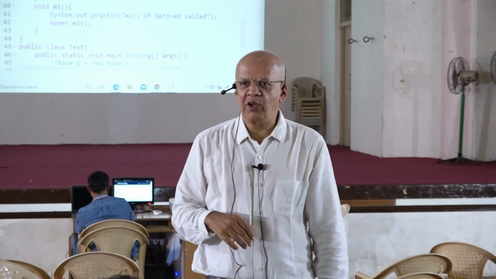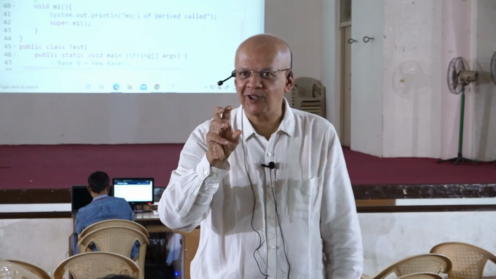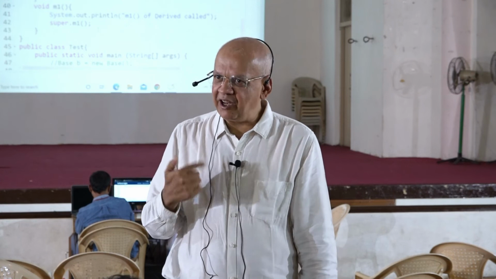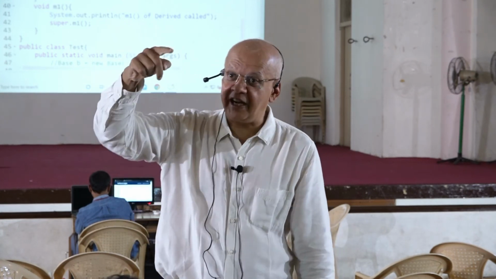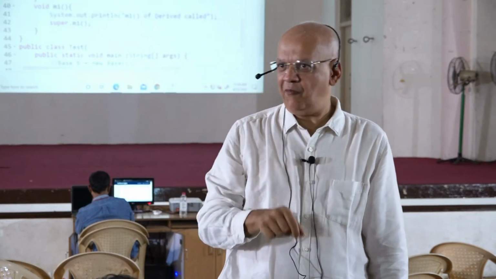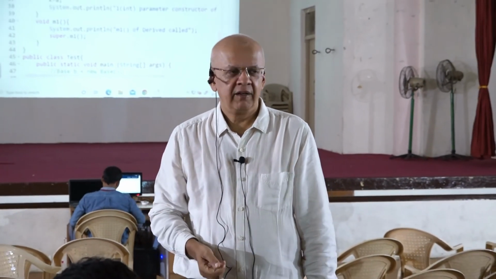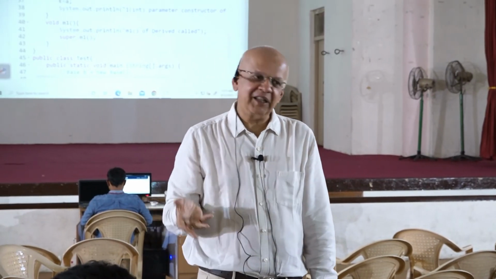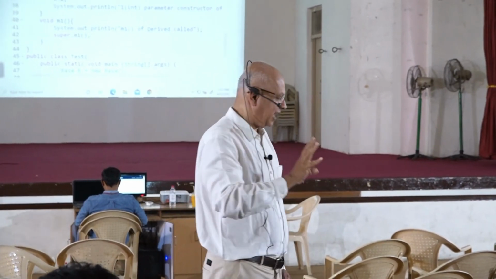Are you with me? Java, no. You can't say super or super squared. No. The only way you can get it is if your father had called his father's M1. That you can't control. Correct? You are understanding? But there is a way, but that is a kind of convoluted way.